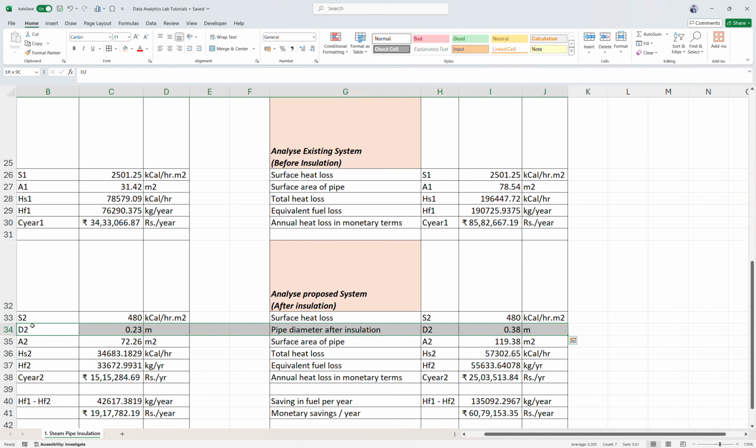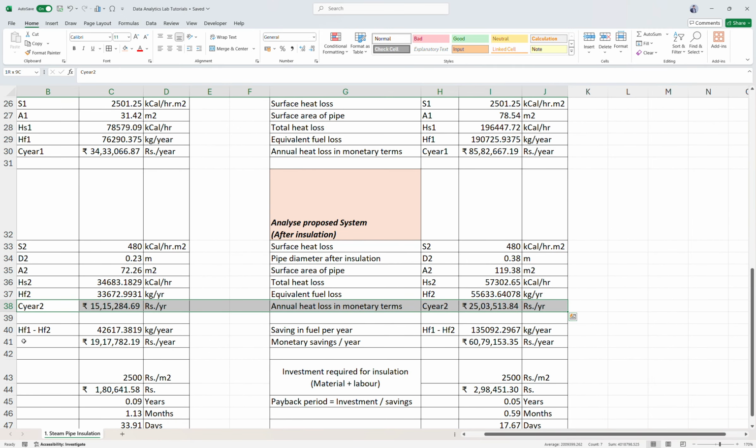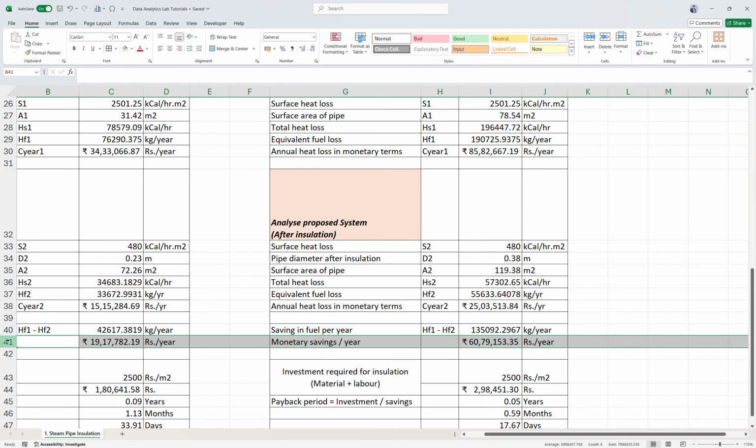Now it will increase up to 0.38 meter. The surface area will also increase, as you can see here. And the monetary loss in the second case, previously 15 lakh rupees, has now increased up to 25 lakh rupees. So the saving obtained is 60 lakh rupees. Previously it was 19 lakh.